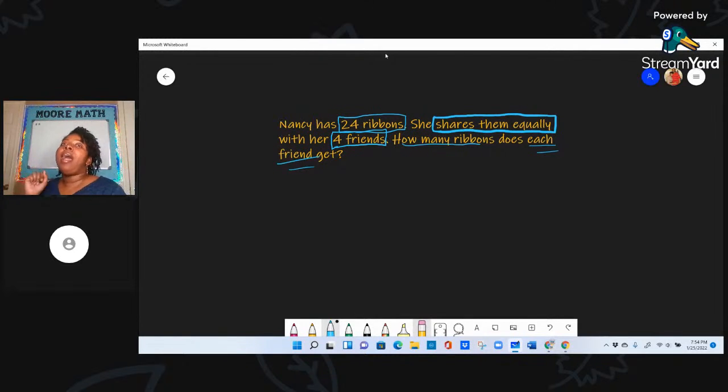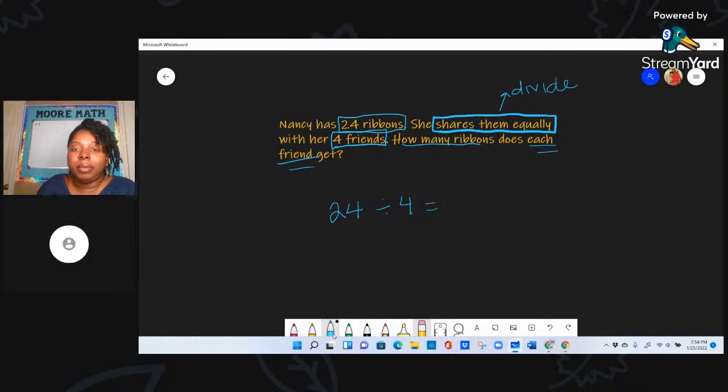How would you figure out how much each friend is going to get? Divide. Good, nice job. So this is a key word for dividing. All right, so 24 divided by 4. 6. Good. Excellent. Nice job.